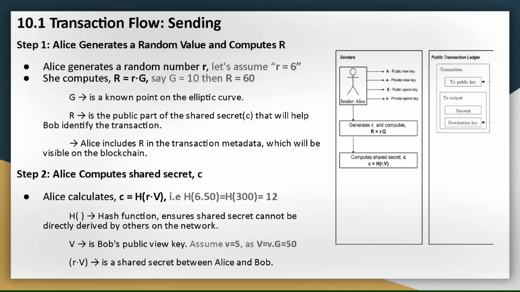Here G acts like the common value in RSA, phi of n, which is used to define key generation when encryption is done. How that value is utilized in the key exchange algorithm is that G is a known point on the elliptic curve.